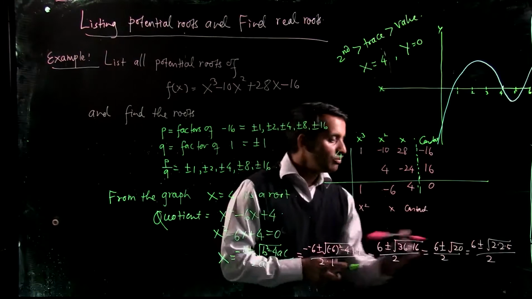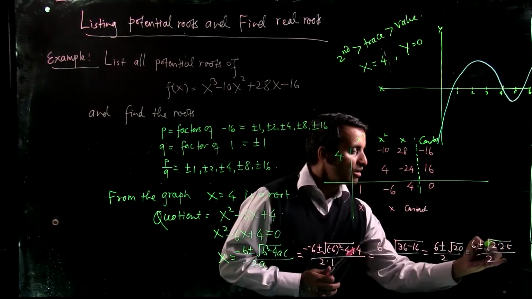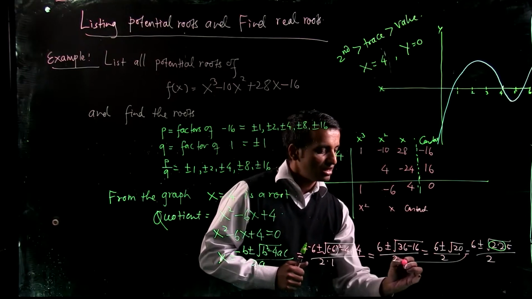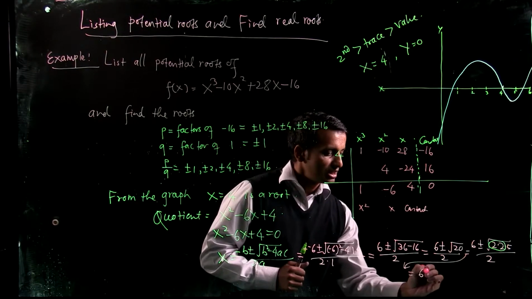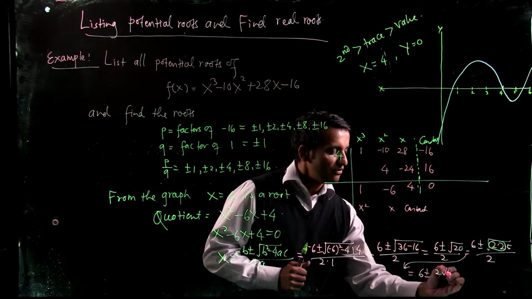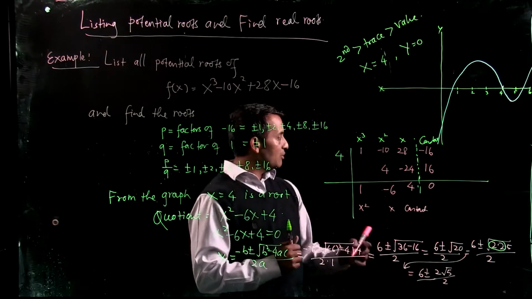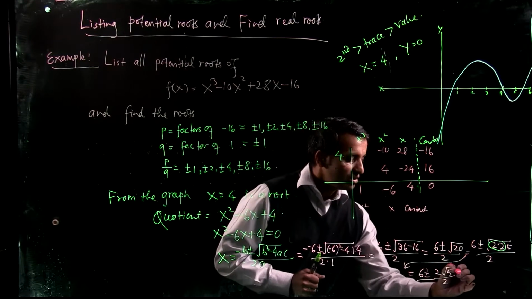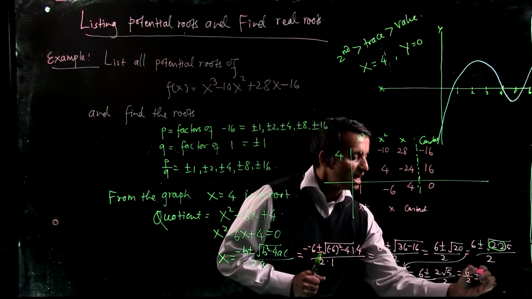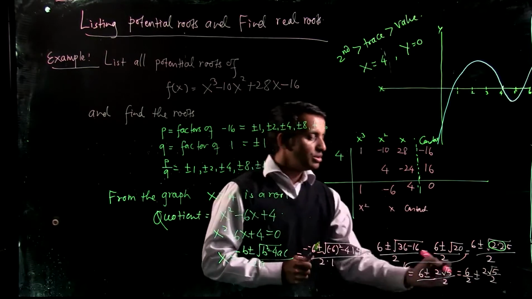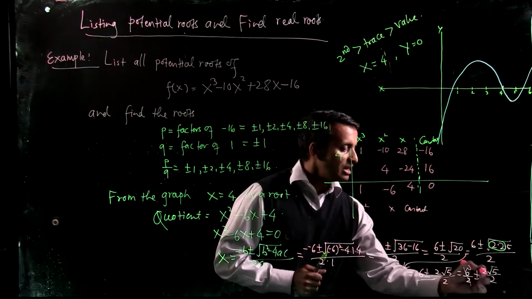So from this pair, you can take one number out. So you can write, equals 6 plus or minus 2 square root of 5, whole over 2. Now we split the denominator. You get 6 over 2 plus or minus 2 square root of 5 divided by 2. So you divide, you get 3, and you cancel that.